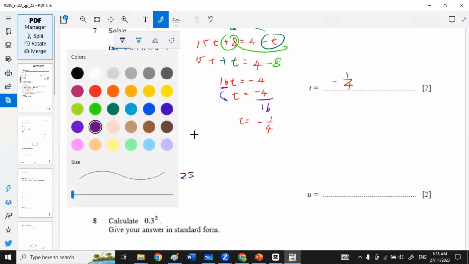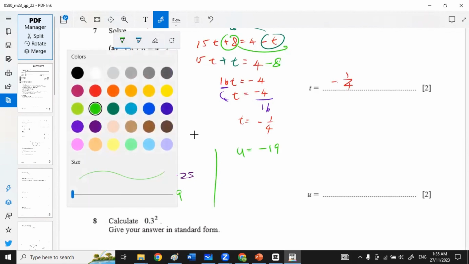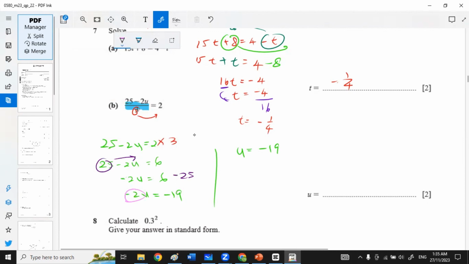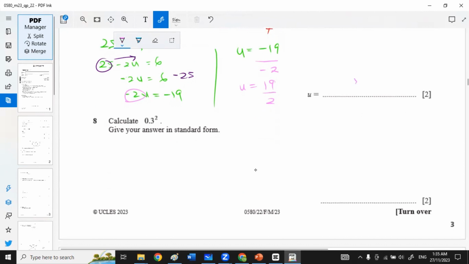Okay, so negative 2u equal to minus 19. So u equal to minus 19, 2 is times, therefore you divide by minus 2. That will give you positive 19/2. We can put as 9.5.